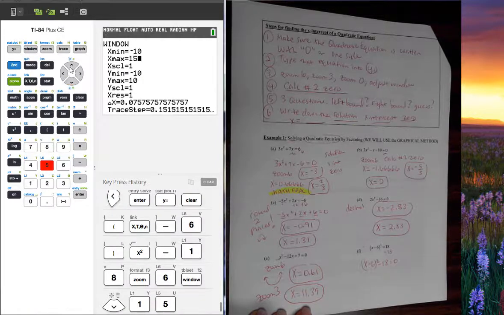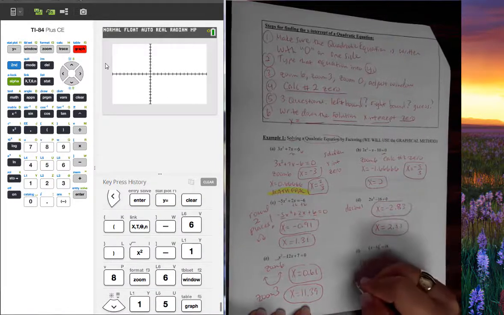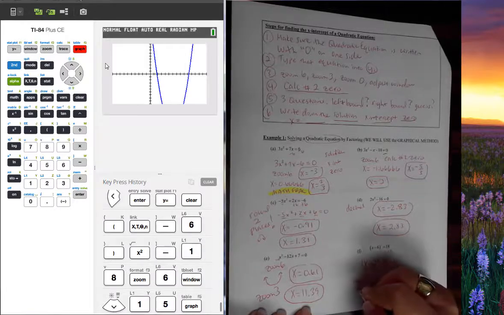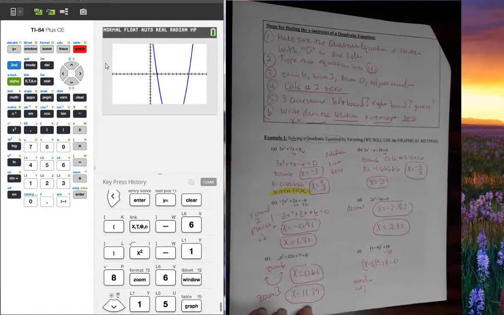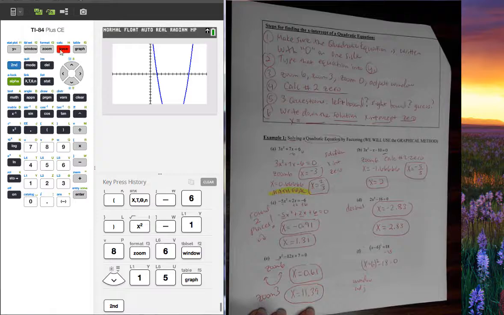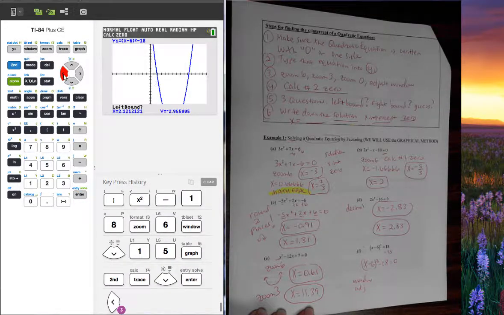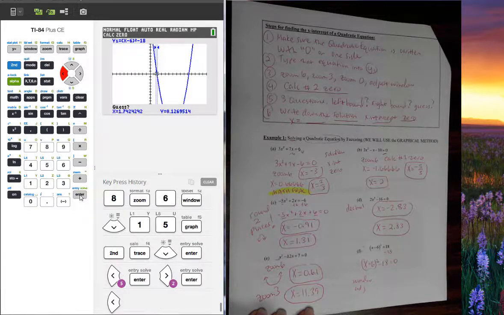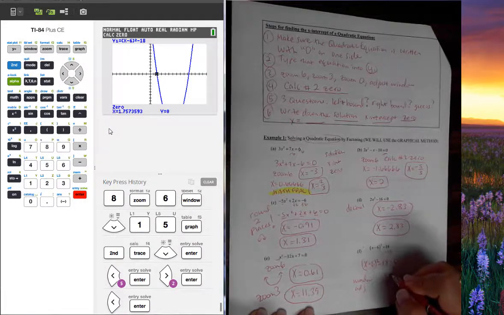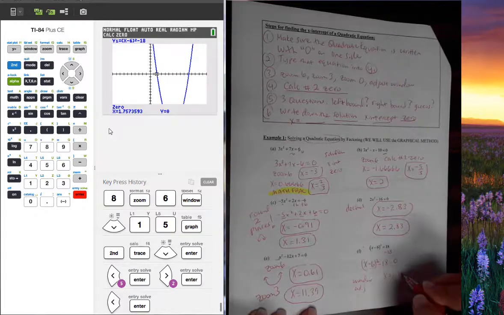Let's just go to 15 and hit graph. So I did a little window adjustment here. And you can see it better. All right, calculate zero. X equals 1.76.